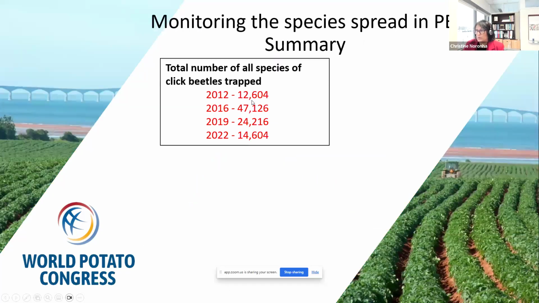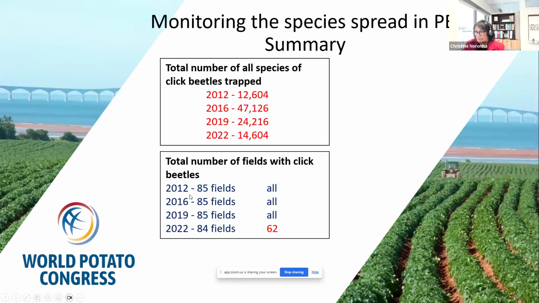These were the number of click beetles trapped. We also found that in 2012, 16, and 19, all the fields had wireworms in them. But by 2022, we had only 62 fields that had them; the rest showed absolutely no wireworms, no click beetles. So it's telling me that the fields were kind of cleaned up by that time.